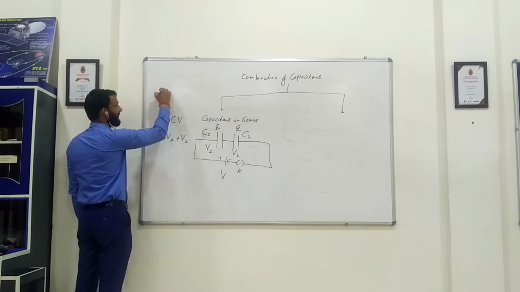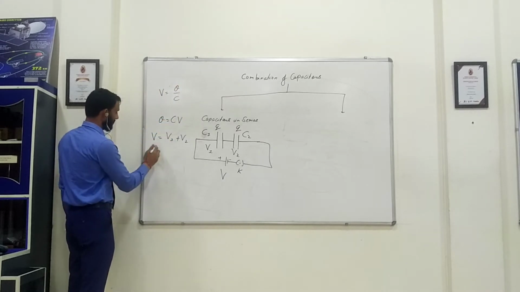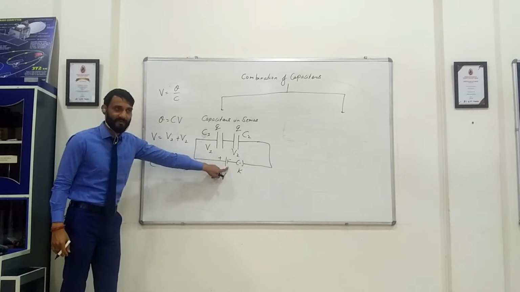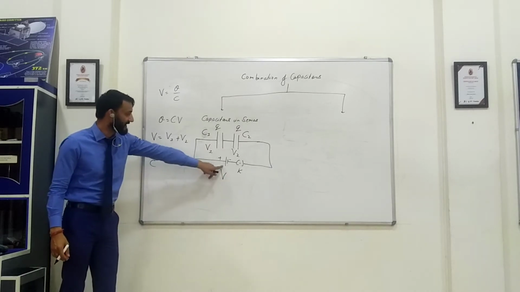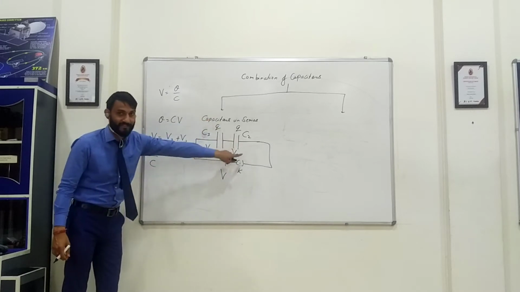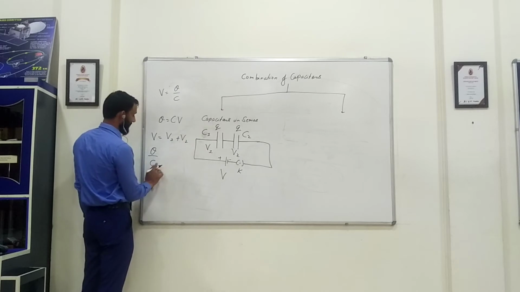Now from this formula, V will be Q by C. So in place of V, I will write Q by C, where Q is the total charge provided by the battery and C is the total capacitance of these two capacitors. Since they are connected in series, I might write this as Cs.